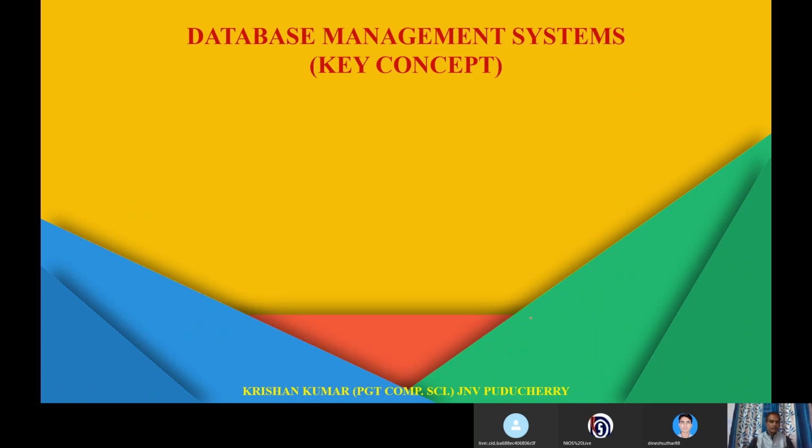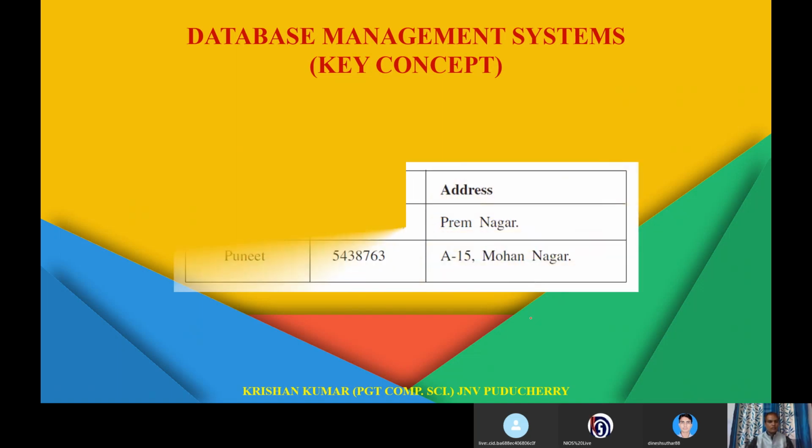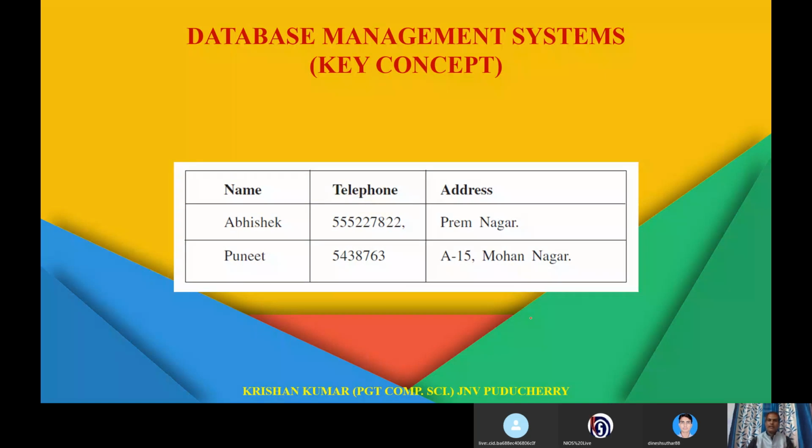Now, let us try to understand the key concepts of a database management system. Again, I have taken the same table example. First of all, we will try to understand what a candidate key is. I will explain it in a very clear manner: all the columns in a table are called candidate keys.